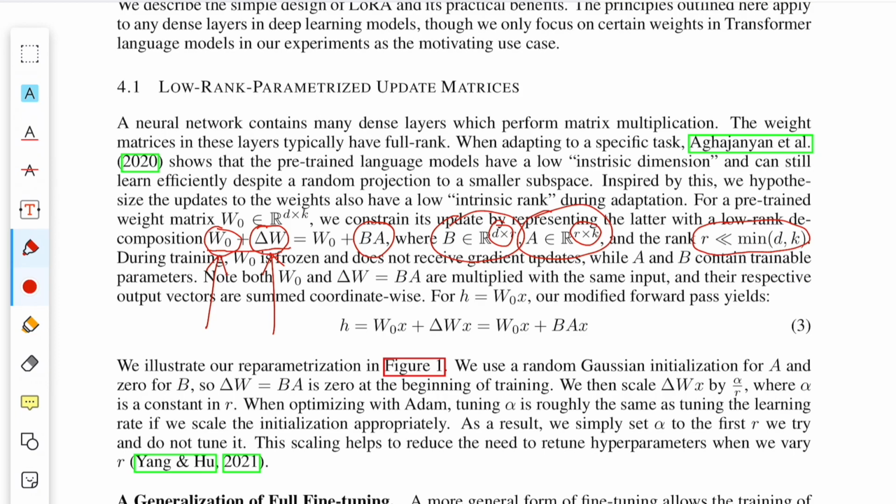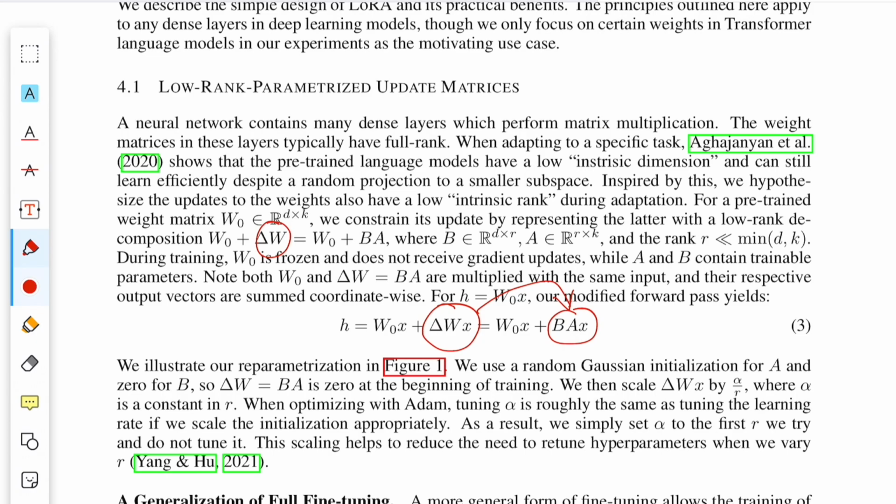So why did the author do that? Because computing the delta W in the inference period or the training period is very costly. But when we separate the matrix into B and A, we can lower the cost.